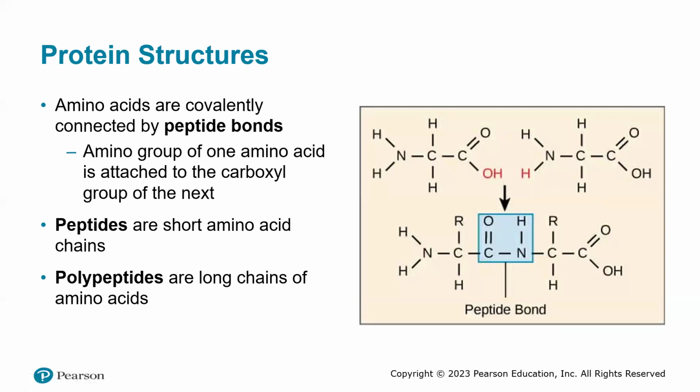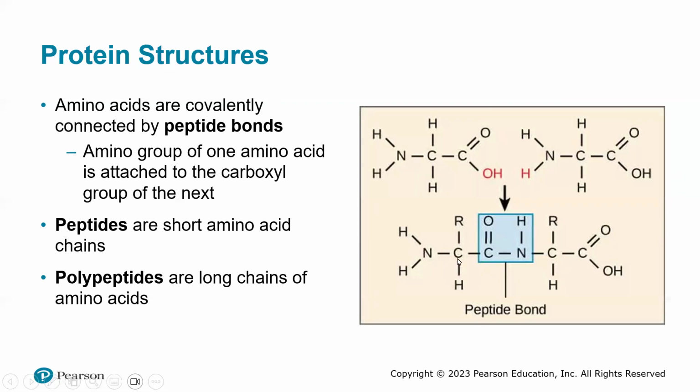Now, amino acids, when they bind together, they do so in what is called a peptide bond. The peptide bond is when the amino group of one of these binds to the carboxyl group of the other. And so this is the N terminus binding to the C terminus.